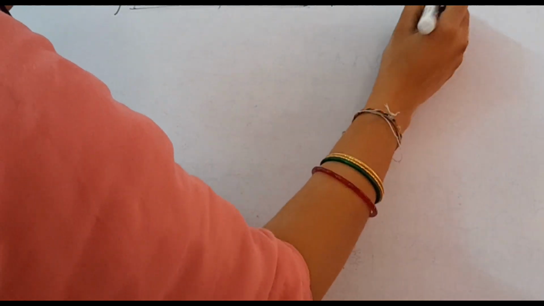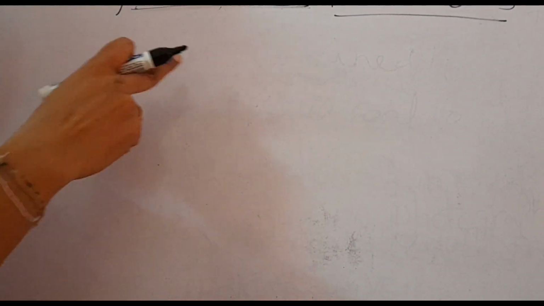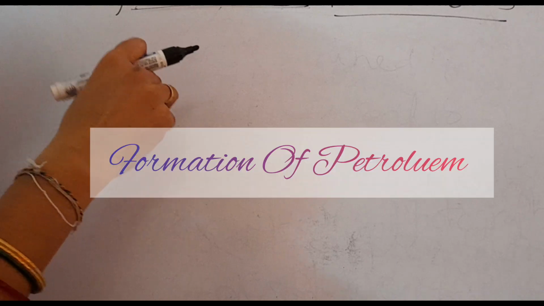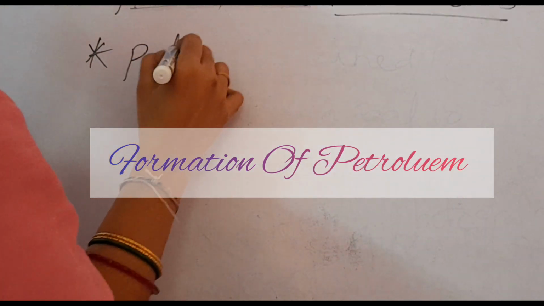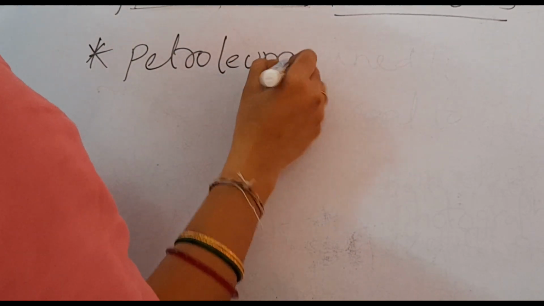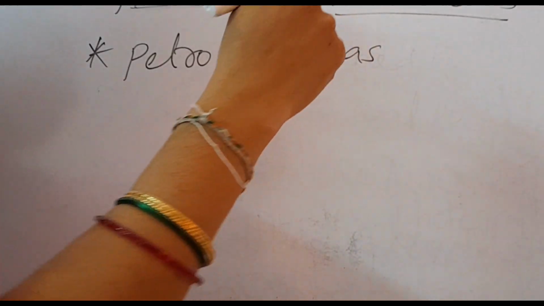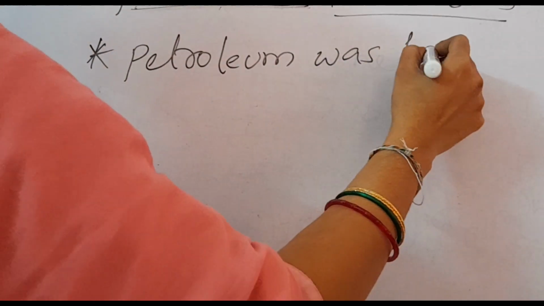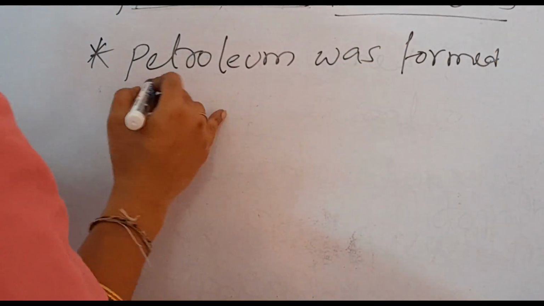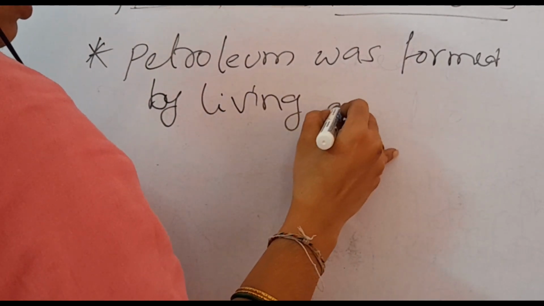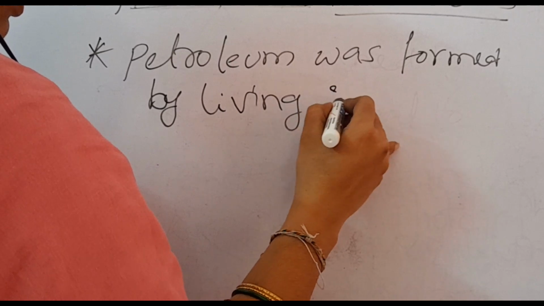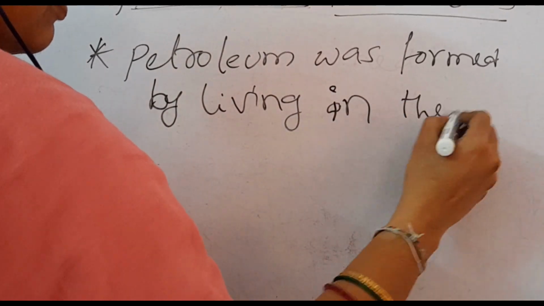Petroleum formation. Where and how did petroleum form? Petroleum was formed by living organisms in the sea.